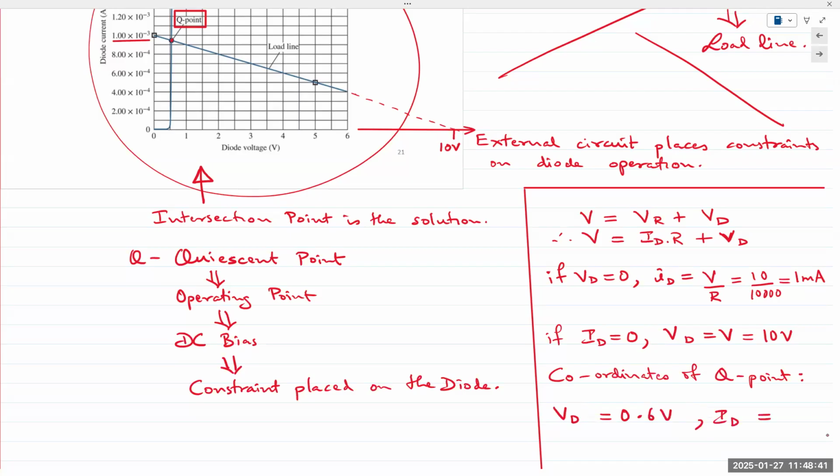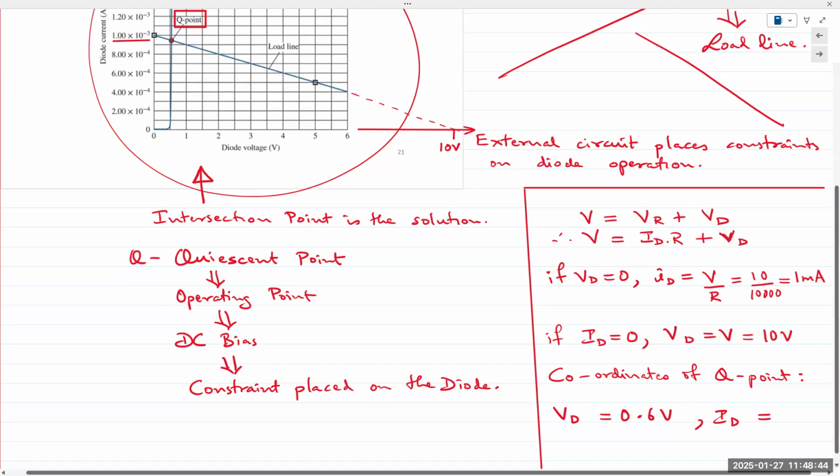And ID turns out to be approximately 0.95 to 0.94.